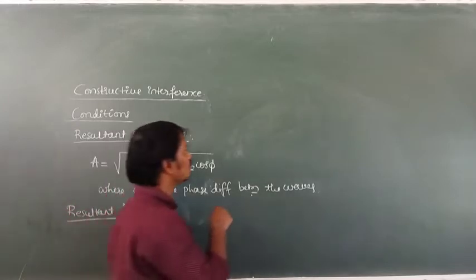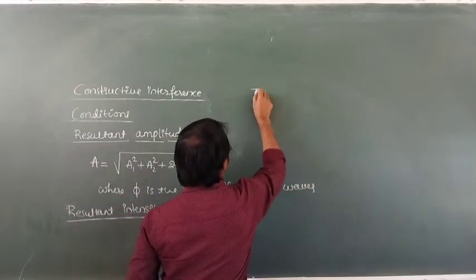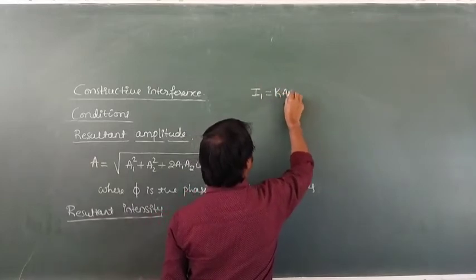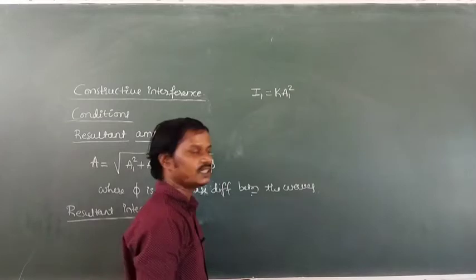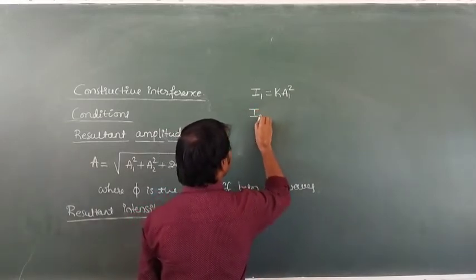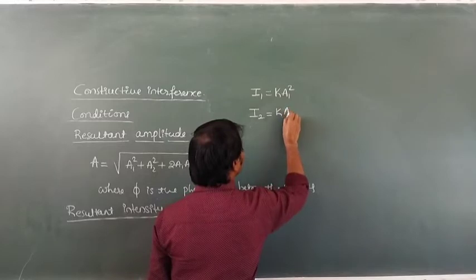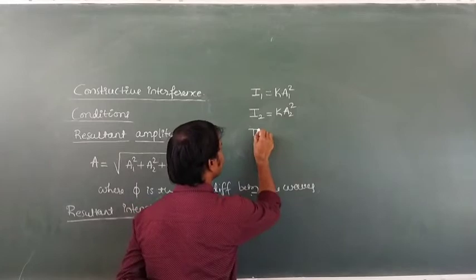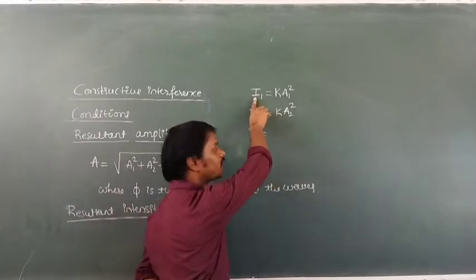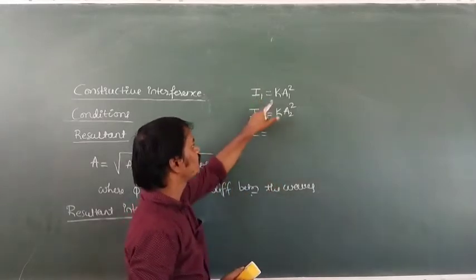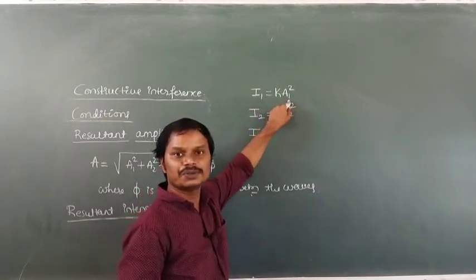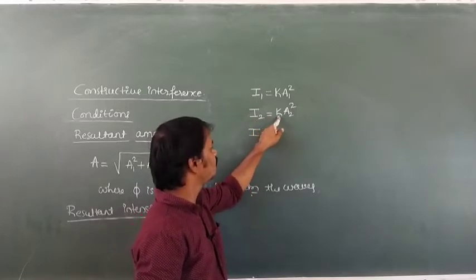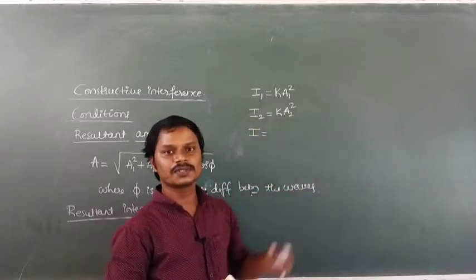See here, the intensity of the first wave, that is I1, is equal to k into A1 square, where k is a constant factor and A1 is the amplitude of the first wave. The intensity of the second wave, that is I2, is equal to k into A2 square, where A2 is the amplitude of the second wave.